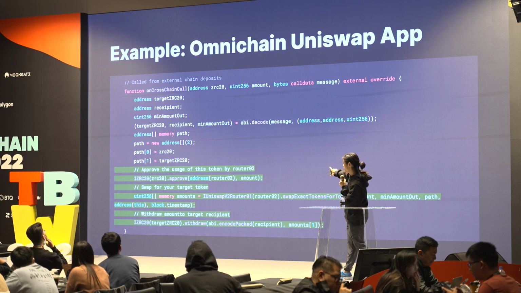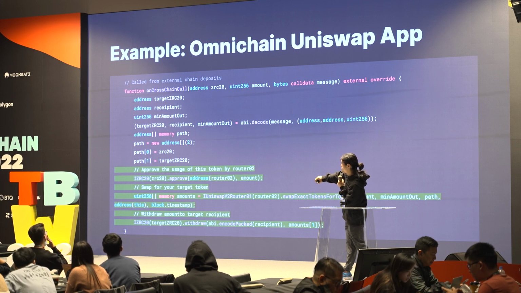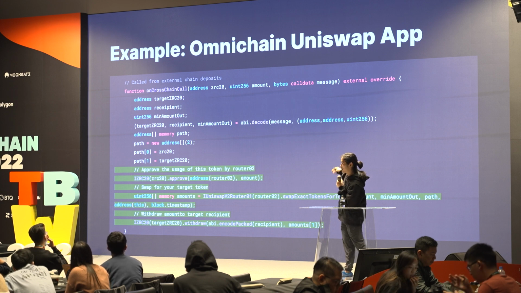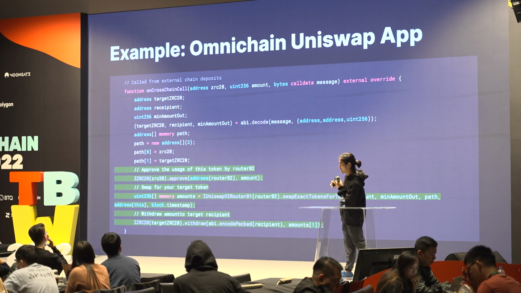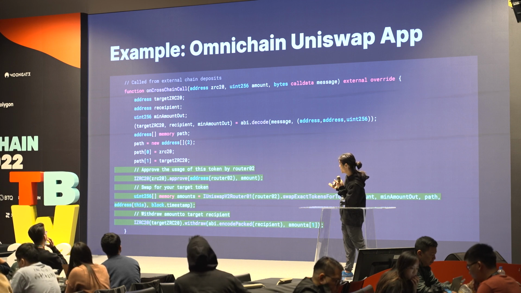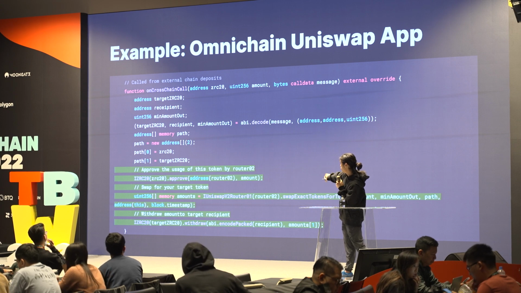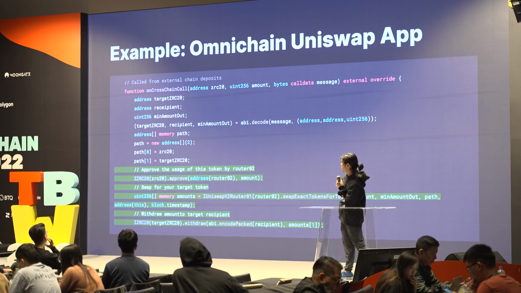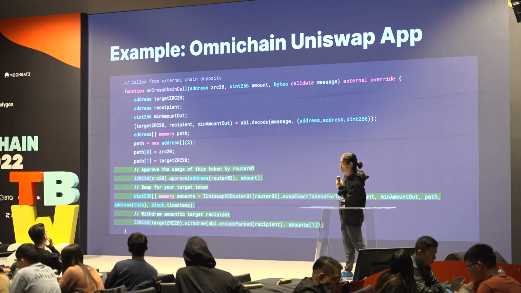It's really just these three lines at the bottom. You approve the usage of this ZRC20. ZRC20 is a way to interface with external assets as if they are ERC20s. So you approve that for this swap contract, you call Uniswap as you would, and then you withdraw to an external chain.